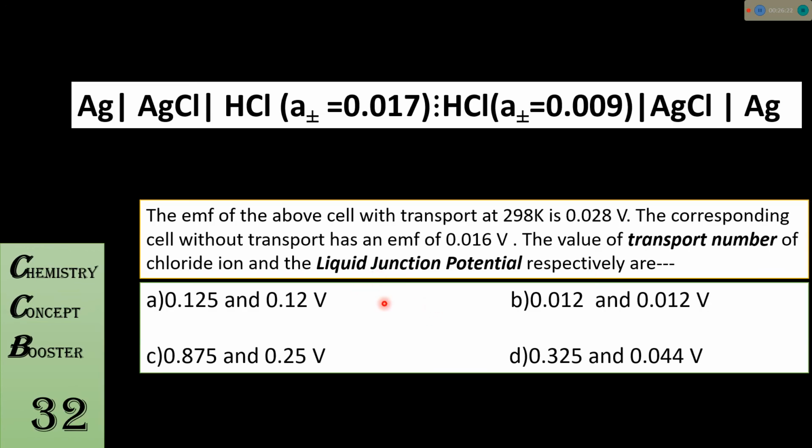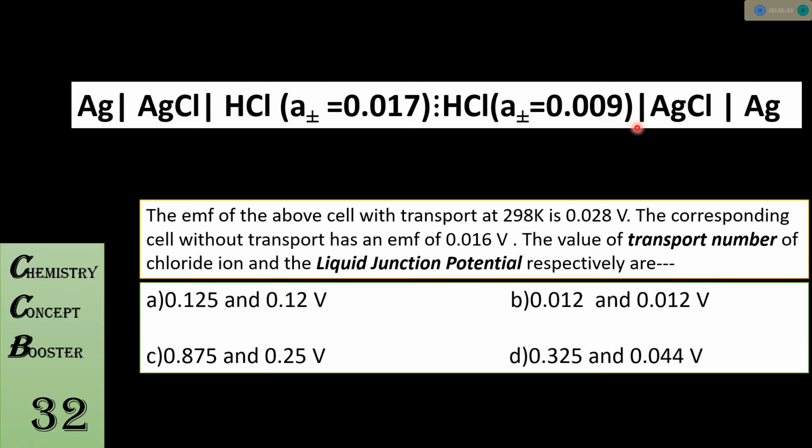Yeah, see the answer. I think a mistake is there while putting the options. 0.012 volt is the liquid junction potential, but the transport number of chloride ion is 0.125. So there should be a zero in the term 0.012.